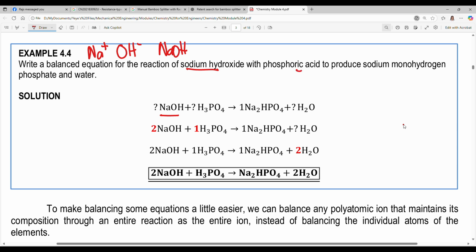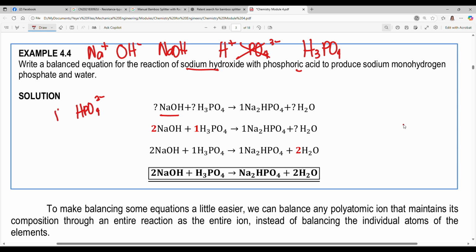It is an acid, so it comes from phosphate. Hydrogen positive 1, phosphate PO4 with a charge of negative 3. So we exchange the charges, so that is H3PO4. Then sodium monohydrogen phosphate. Monohydrogen phosphate you can find in your periodic table, that is HPO4, with a charge of negative 2.